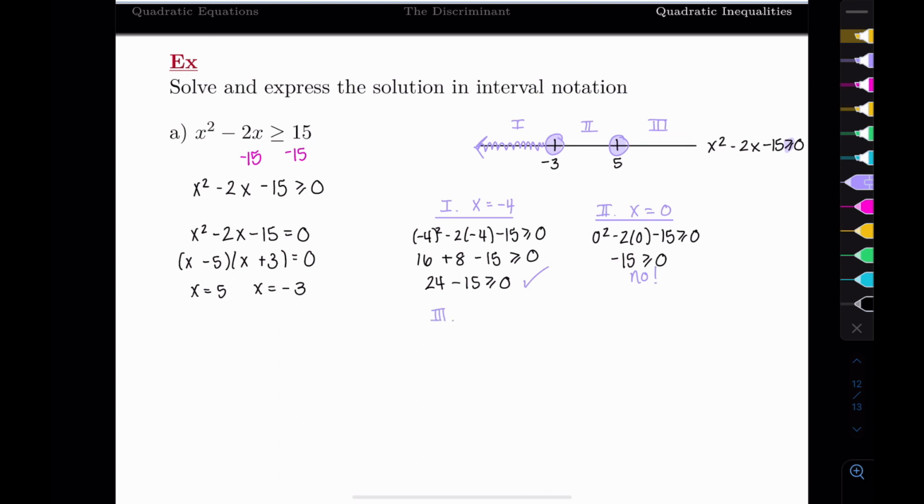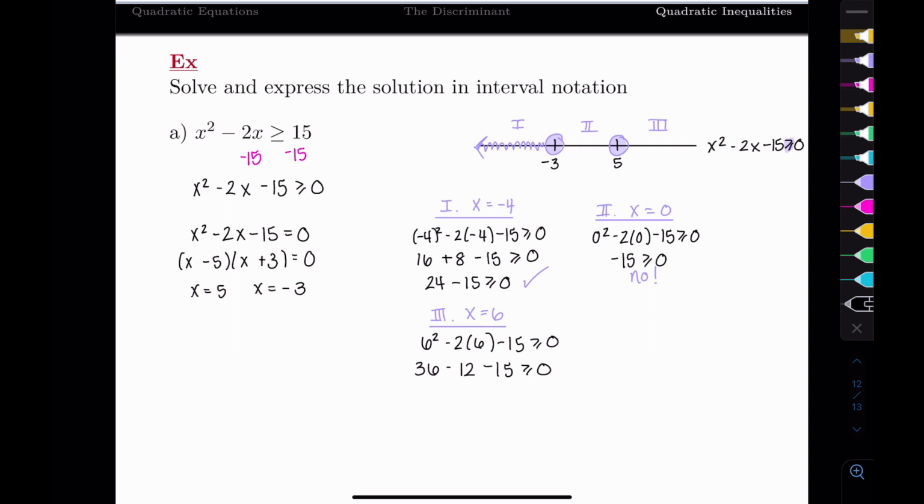Moving on to interval 3, let's pick 6. This would give us 6 squared minus 2 times 6 minus 15 is greater than or equal to 0. And that's 36 minus 12 minus 15 is greater than or equal to 0.